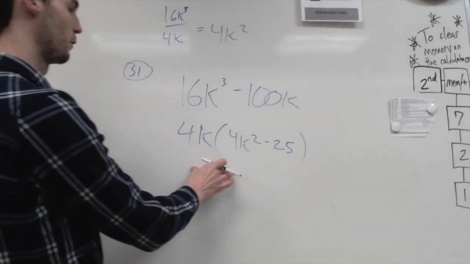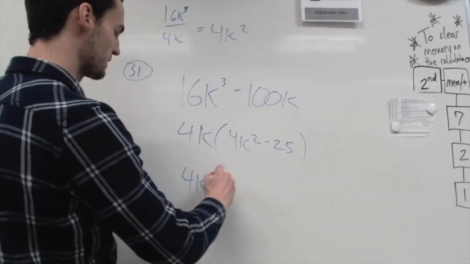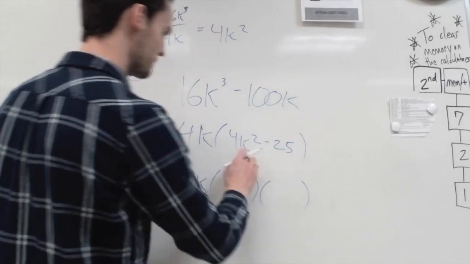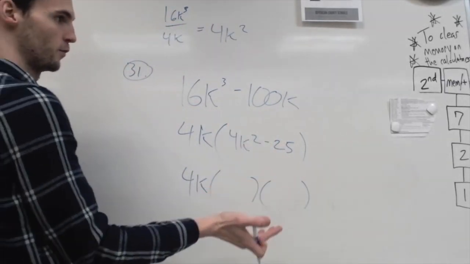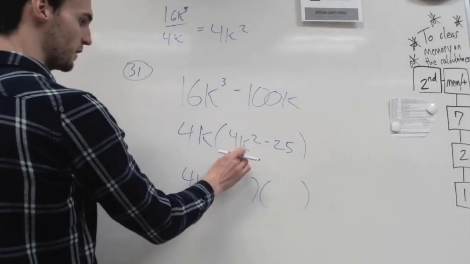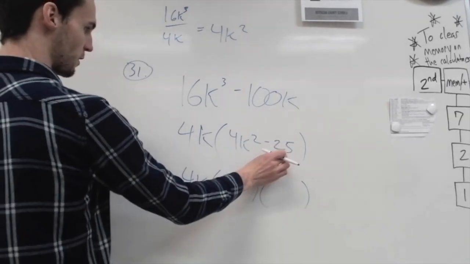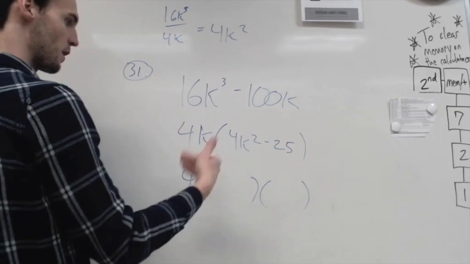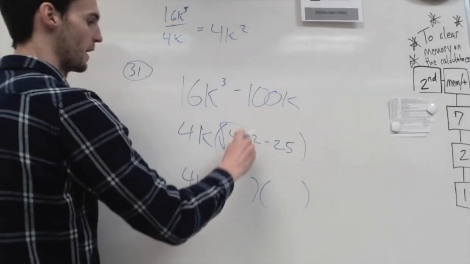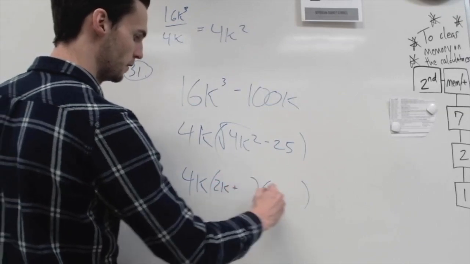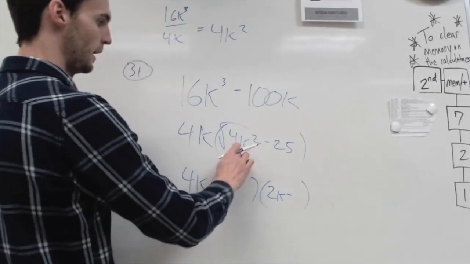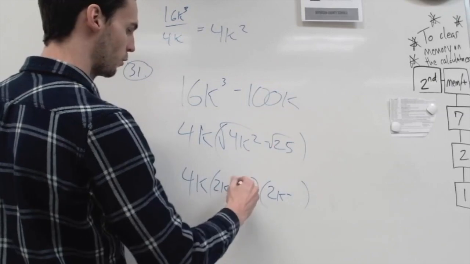All right, at this point we are going to bring down 4k just as we see it, and we're going to have a difference of squares, as you can see. The way that we know that, for future reference, is because we can take the square root of this, and we can take the square root of that, so that's why we can keep going. So the square root of that gives us our a, which is 2k, and our b is that under a radical, so 5.